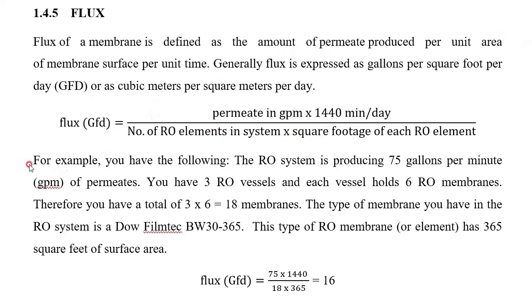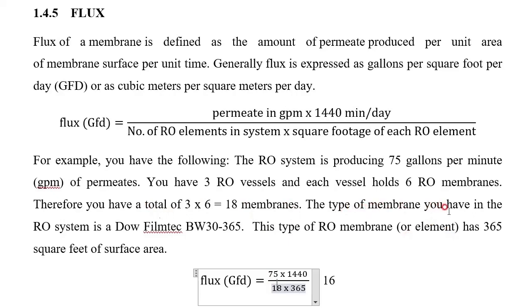Here they have given an example. If the RO system is producing 75 gallons per minute of permeate and we have 3 RO vessels, so the permeate in GPM is 75. The number of RO elements, we'll read it further. We have 3 RO vessels, each vessel has 6 RO membranes, so the total number of RO membranes present is 6 into 3, that is 18 RO elements.